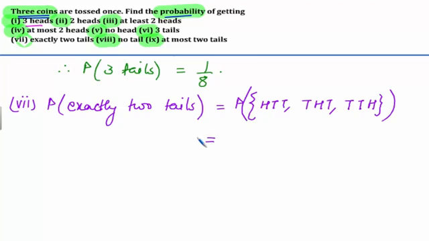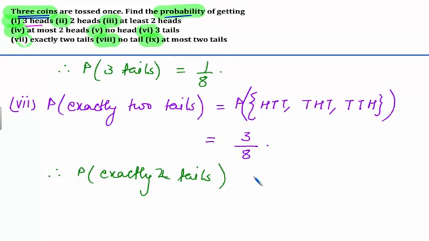So the number of favorable outcomes for this event is 3 and the total number of outcomes is 8. Therefore, the probability that exactly 2 tails are there is 3 upon 8.